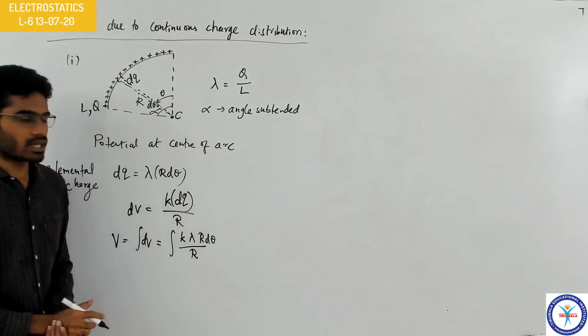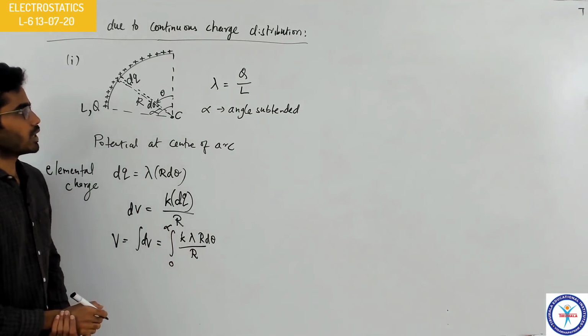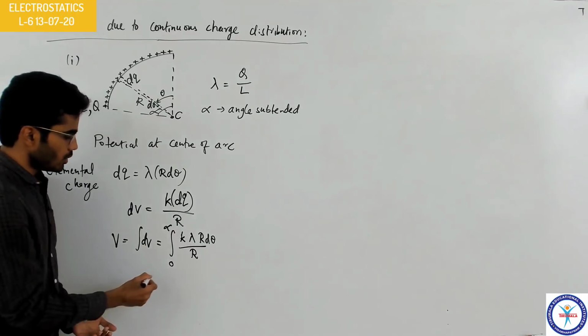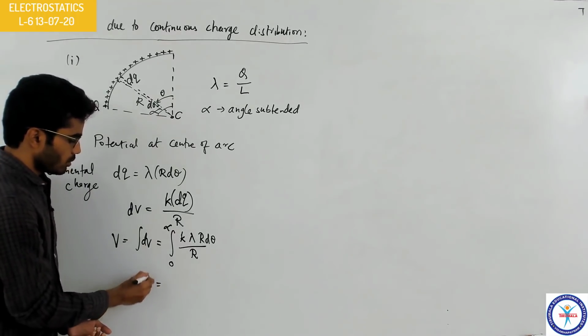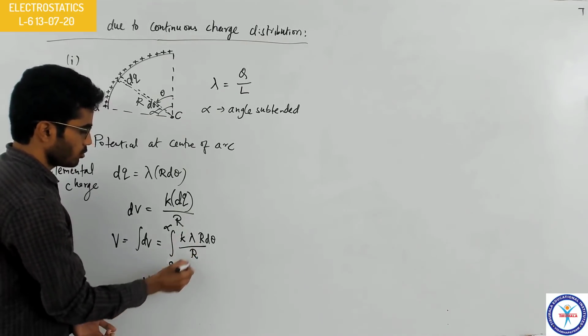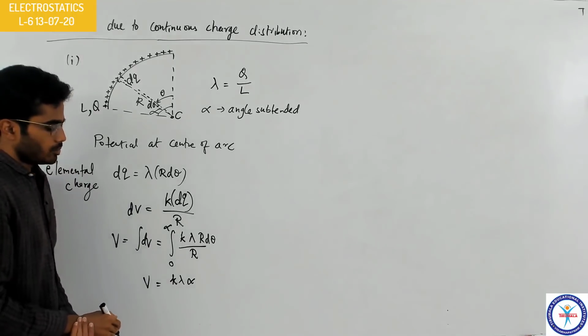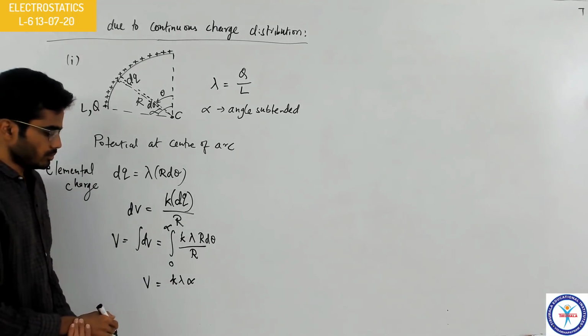So now what is the integration variable? 0 to alpha, right? So this will be k lambda by r, the r cancels off, d theta integration gives you alpha, right?